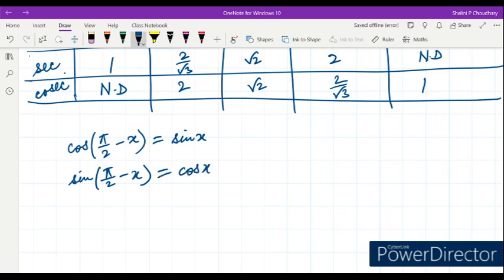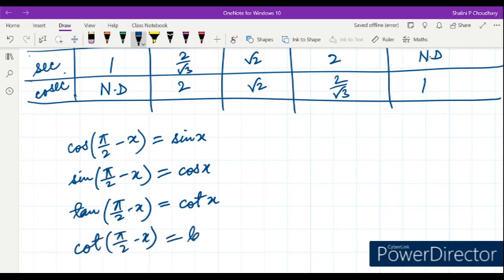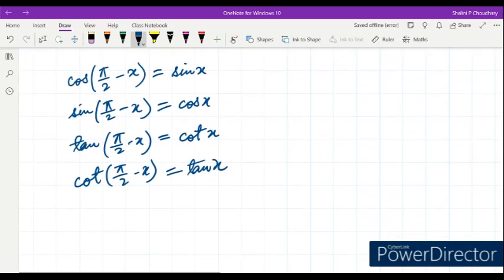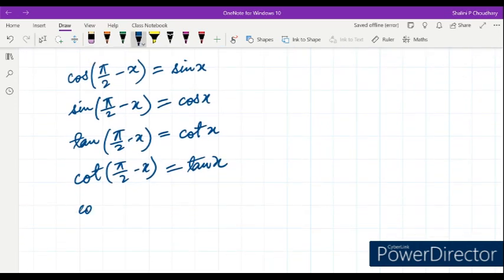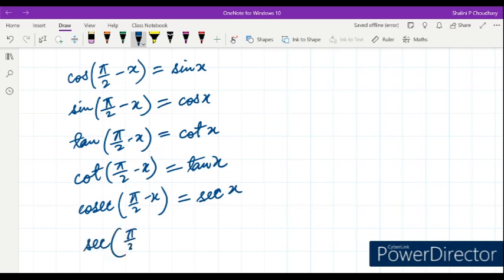Now similarly, tan of pi by 2 minus x will be cot x, and cot of pi by 2 minus x will be tan x. The same we do for cosec and sec: cosec of pi by 2 minus x will be sec x, and sec of pi by 2 minus x will be equal to cosec x. These are the formulas that we derived.